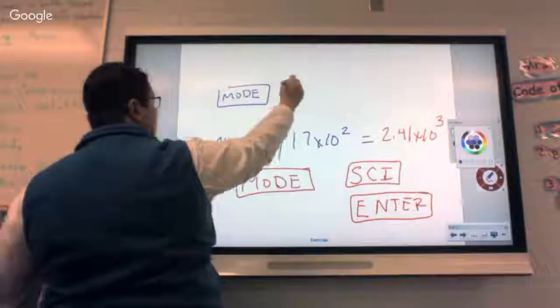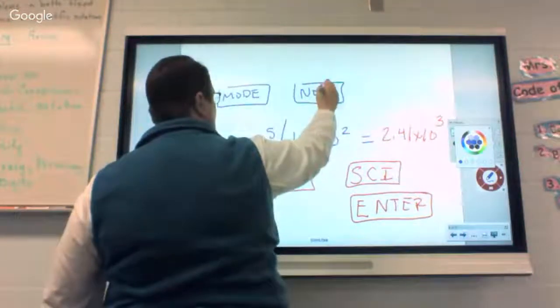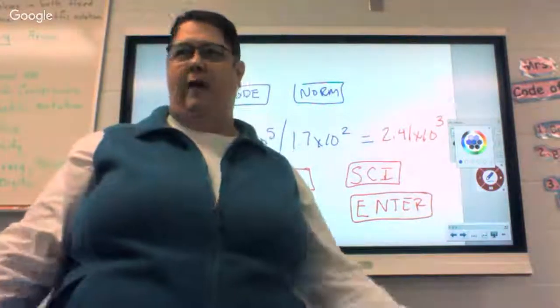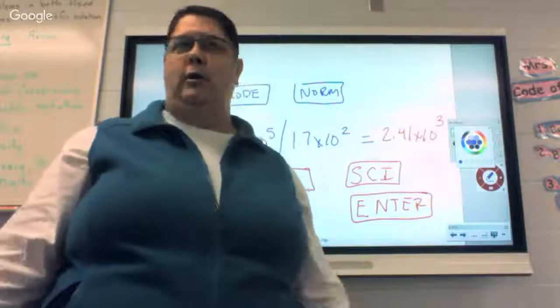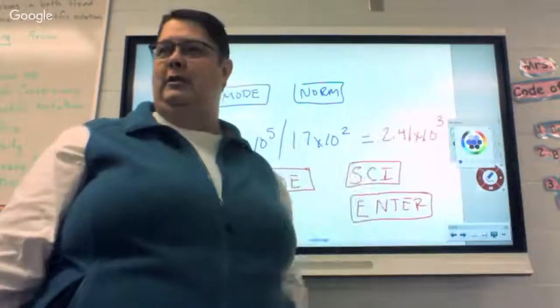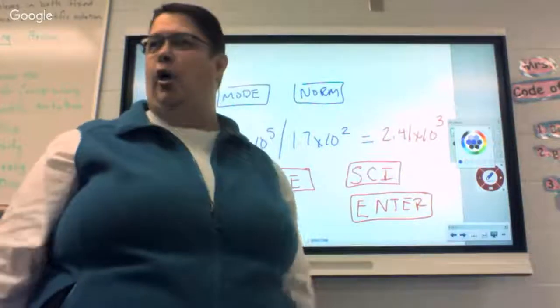Back to normal. And you can change it back to whatever you want. You can make the calculator do the work. You don't have to work hard. Work smart. Just toggle between normal and sci. Normal and sci. And you can change it all day long.